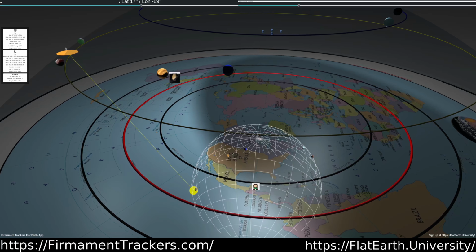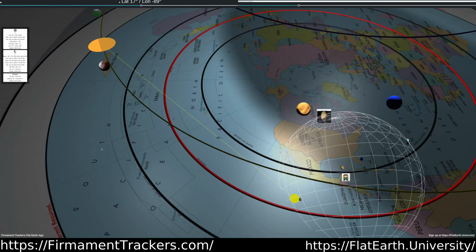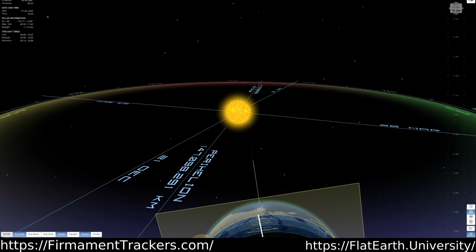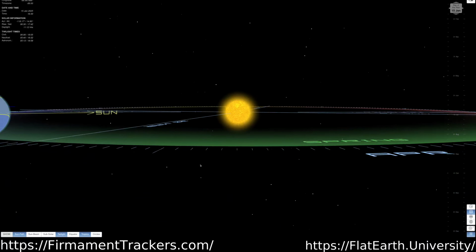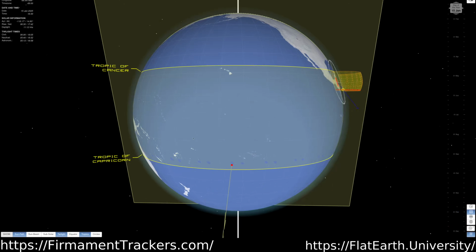So the GP of the sun, that ground position, is still the exact same. So let me just see where it is, the South Pacific Ocean over here. So then if we go to the globe model and go to their ground position, yeah, it's still in the middle of the ocean. Let me just go here to make it very clear.